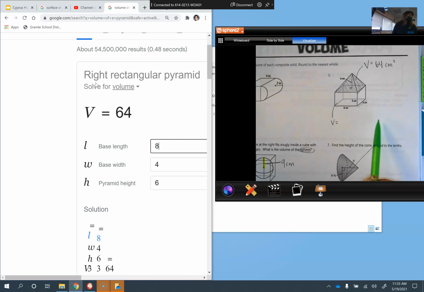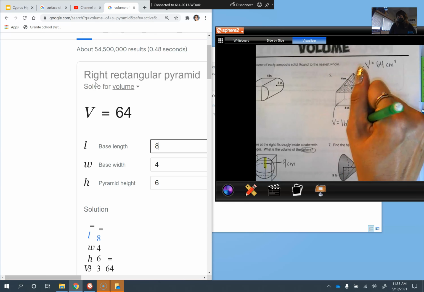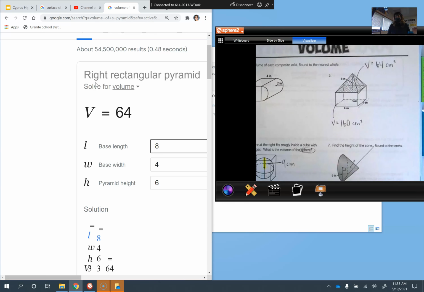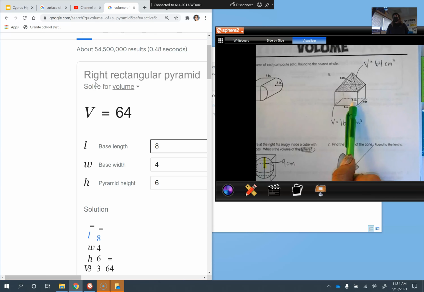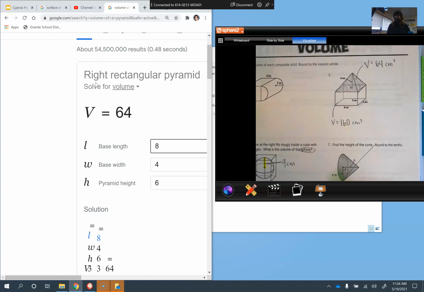The prism, the rectangular prism, I got 160 as the volume. Is that what you guys got? For this bottom part, 160? Yeah. So you did 8 for your length, 4 for your width, and 5 for your height. I got 160. Okay. So now for the overall volume, you just add the 2.